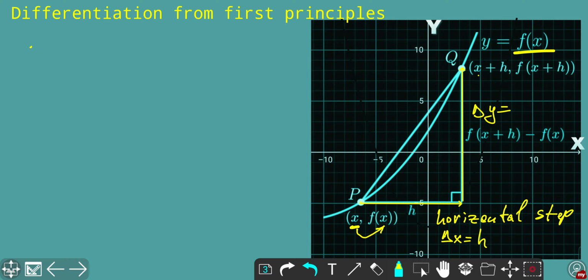Okay, so let's calculate the gradient of the chord PQ. By definition it's going to be change in y over change in x. The change in y is the function at the point x plus h, minus the y coordinate of the point P, which is simply f(x).